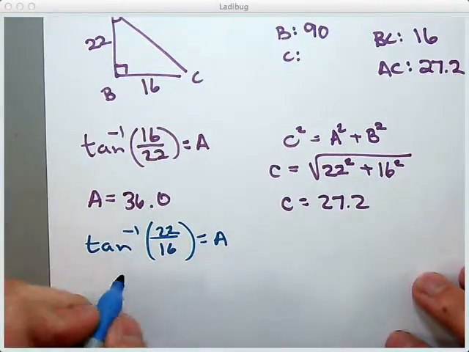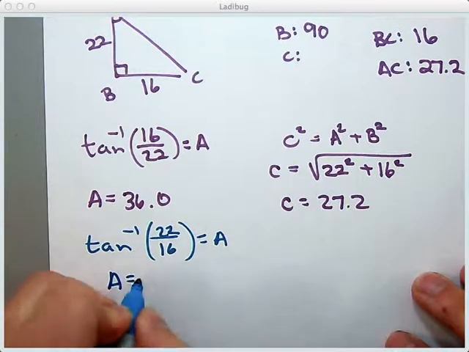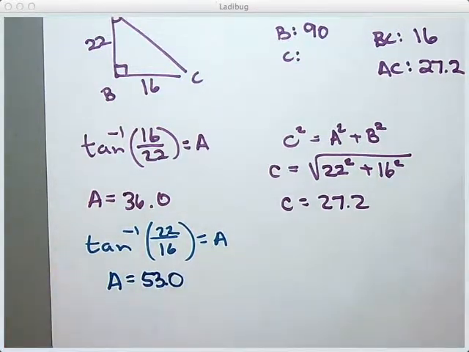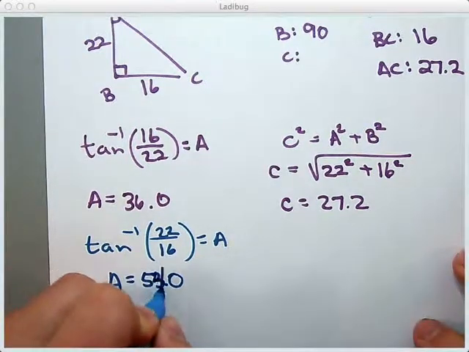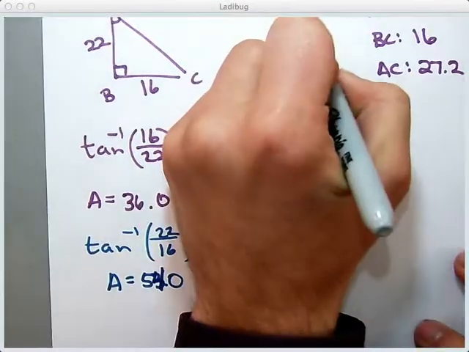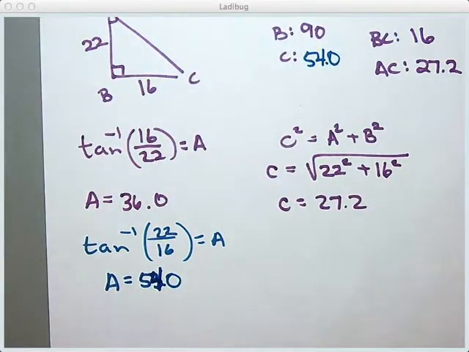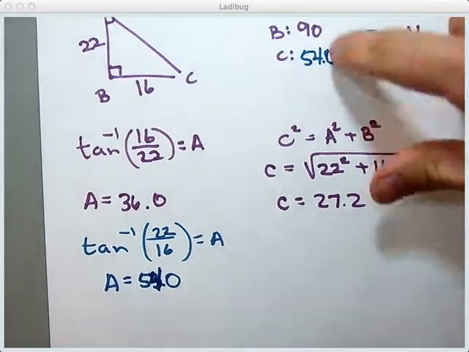And so I get 54.0. And so they're right because those two add to be 90.